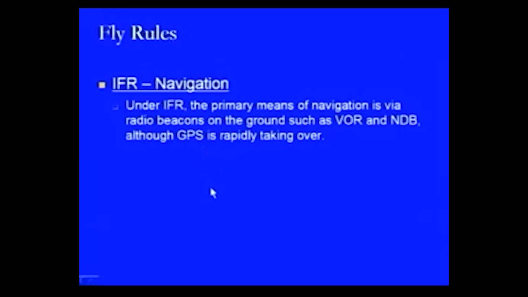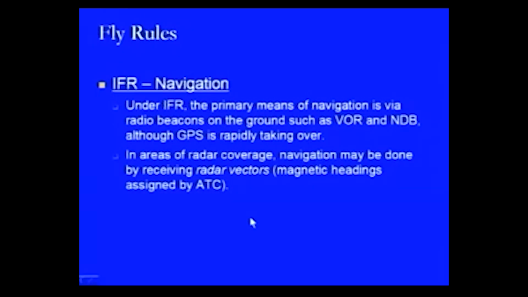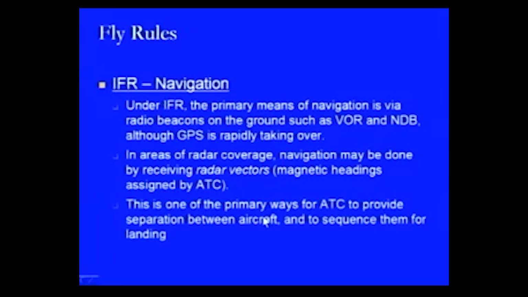In areas of radar coverage, navigation may be done by radar vectors, that is the magnetic headings assigned by ATC. This is one of the primary ways for ATC to provide separation between aircraft and to sequence them for landing. That is how the landings take place one after the other.